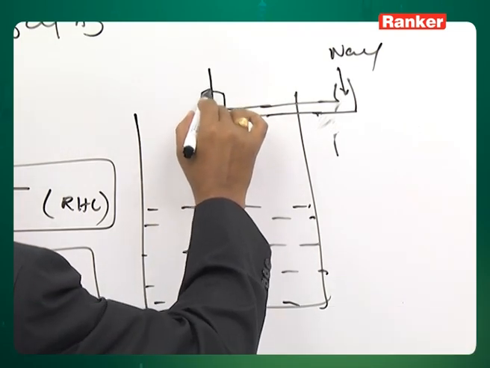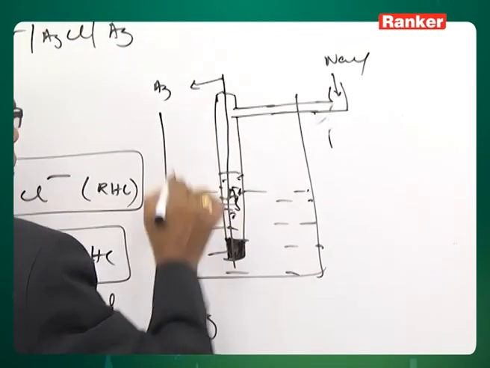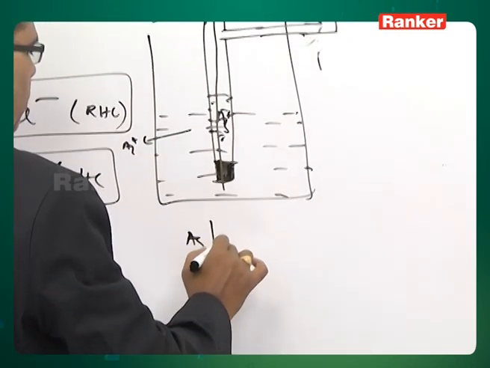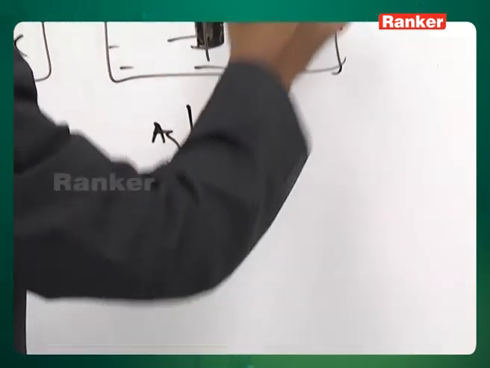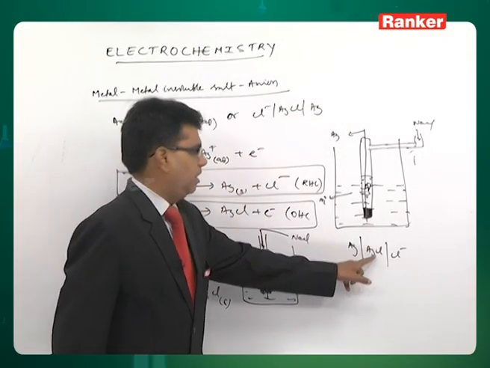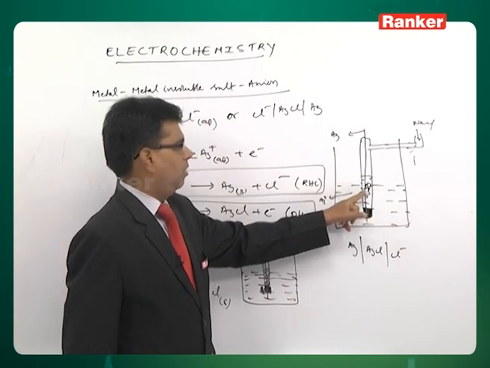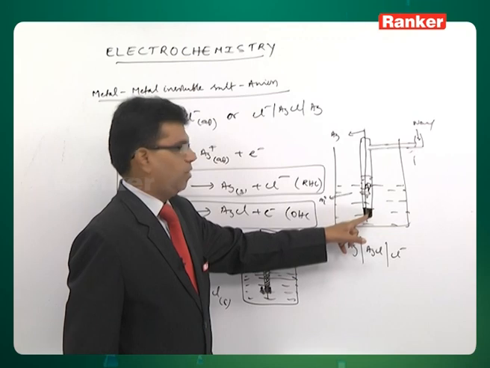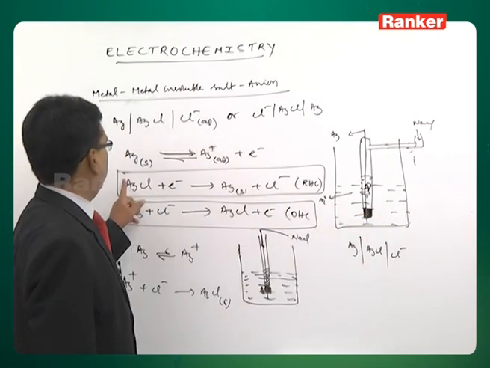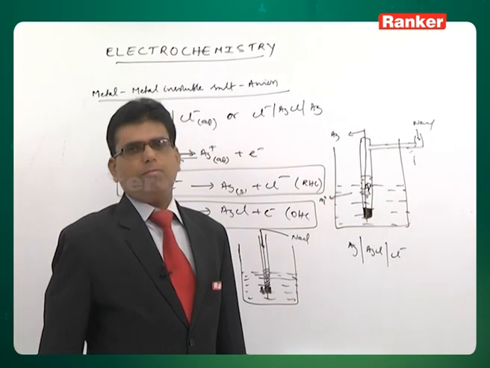So, this combination will give silver, this is the silver wire, this is the Ag plus ion solution, AgCl precipitate, and Cl minus. So, AgCl, Cl minus. The Cl minus combines with the Ag plus ion solution and will give AgCl. This is the cell representation, this is the cell reaction, and this is the cell construction.